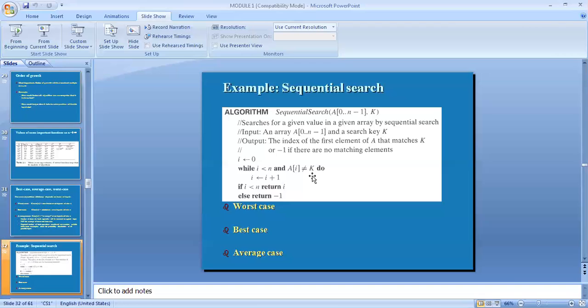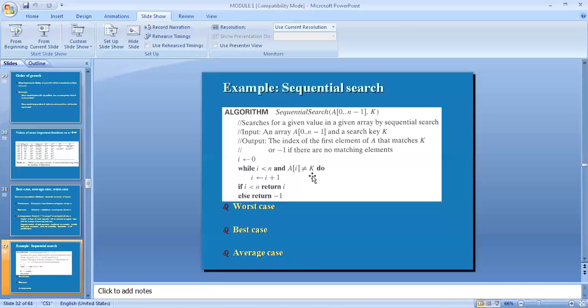Suppose I is less than n but A[I] is equal to K, then also the condition is false and it comes out to the if statement.